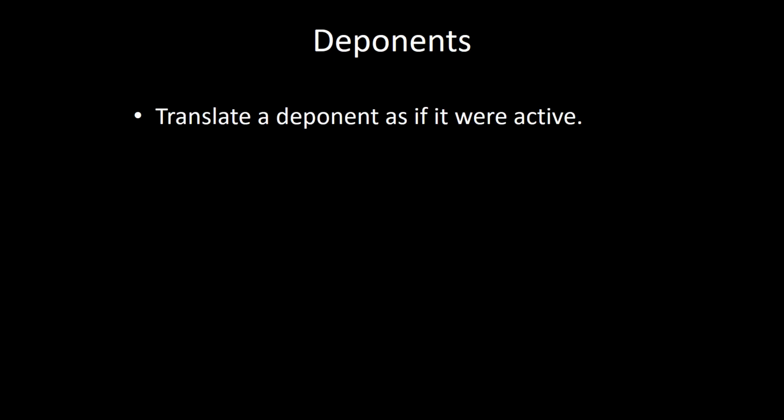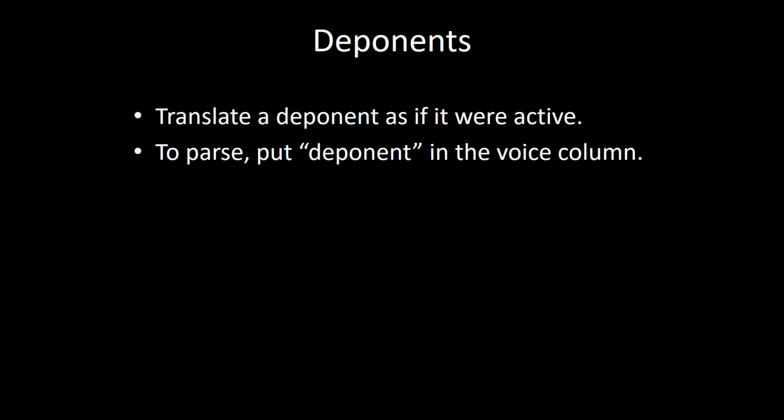So you will translate a deponent as if it were active, and when you parse it, you'll put deponent in the voice column. So where you would put middle or passive, go ahead and just put deponent. If you want a really solid practice, what you could put is middle/passive deponent.